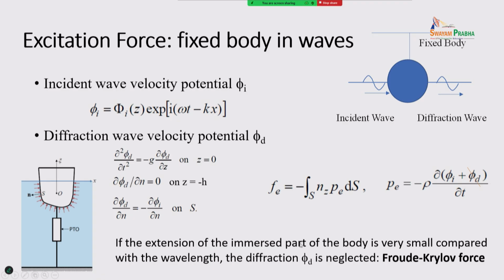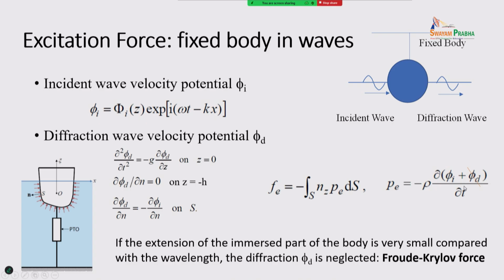If the body under the water is relatively small compared with the wavelength. Most of the time this is the case: the wavelength can easily be 80 meters, but your buoy is probably 0.8 meters, or 2 meters, which is small by comparison. As a result, the diffraction-induced force can be ignored.